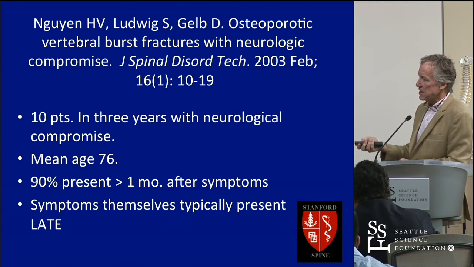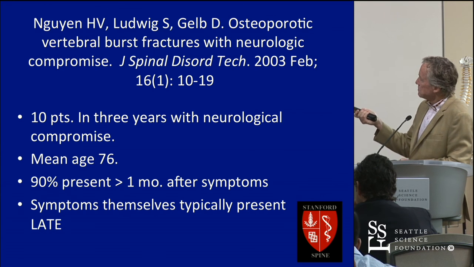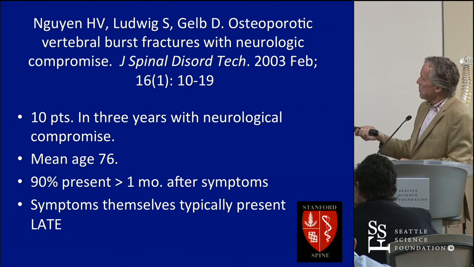These bones can slip, especially at the thoracolumbar junction at the level of the conus. And the group out of Maryland published a small series of 10 patients over the course of 3 years in the elderly, with a mean age of 70, who presented late, over a month after their symptoms, with neurologic compromise from what was originally a non-involved thoracolumbar burst fracture.